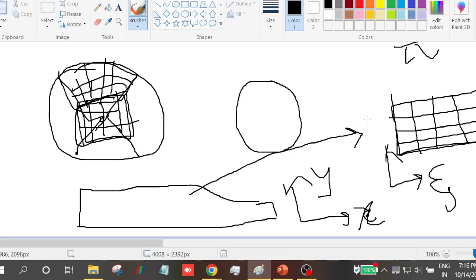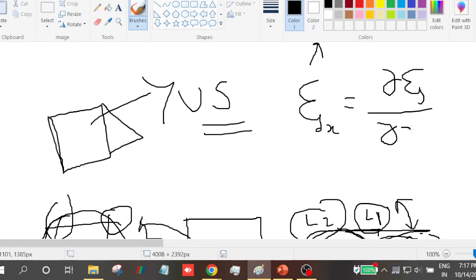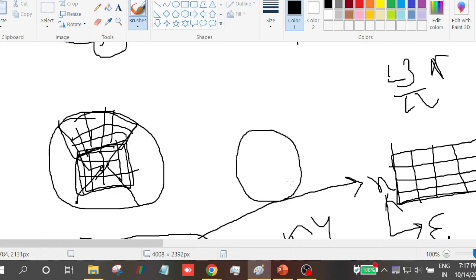Now in the question, what has been asked is zeta x, what does it indicate? Zeta x, if you expand it, is dou zeta by dou x. Now what is dou x if we see the physical plane?